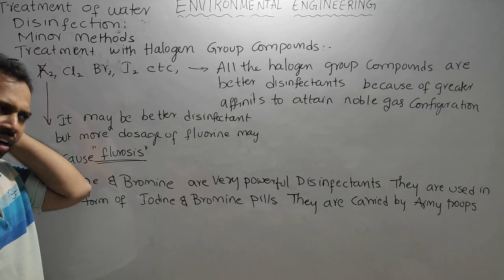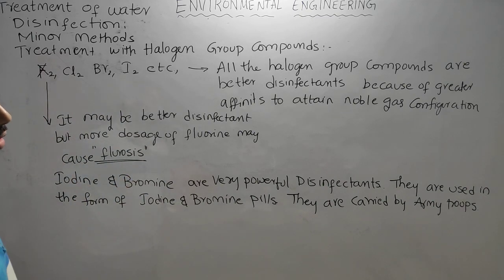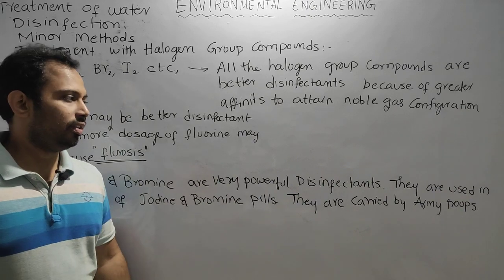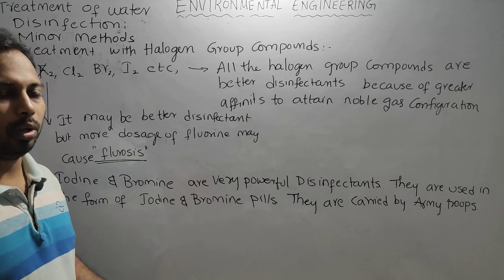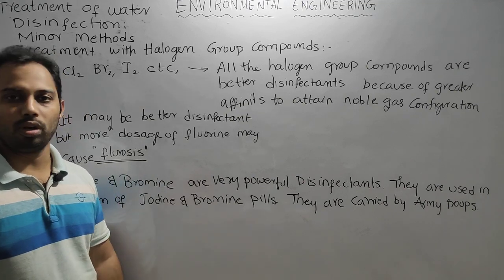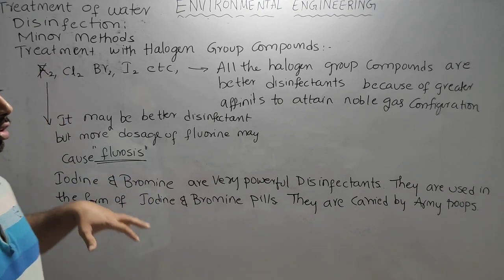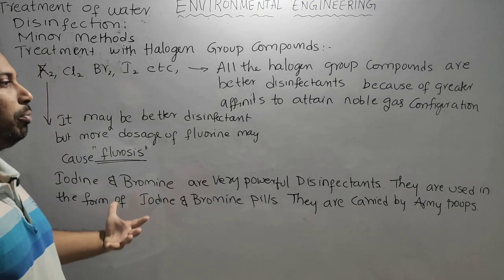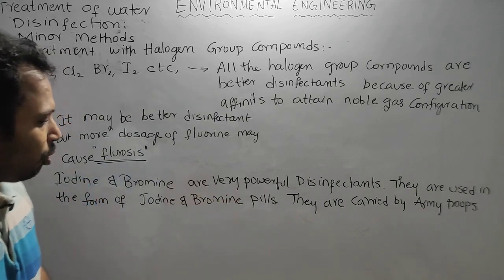They will take some kind of surface water or groundwater, anything, and simply drop these pills in. The pills dissolve into the water and completely disinfect it, so it can be easily consumed. Because army troops will not get purified water at any location, they generally carry these iodine and bromine pills.